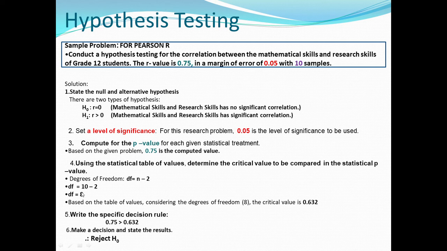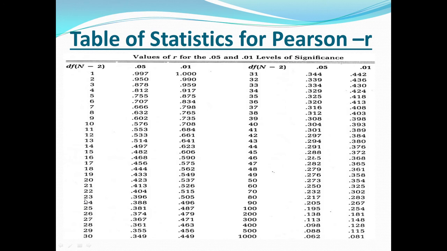Again, kapag nakuha nyo na yung degrees of freedom, titingin muna tayo sa table, bago tayo pumunta sa rule number 5 and rule number 6. Okay? Again, andito pa lang tayo sa rule number 4. Okay, degrees of freedom natin ay 8. And then hahanapin natin yung critical value ng 8.